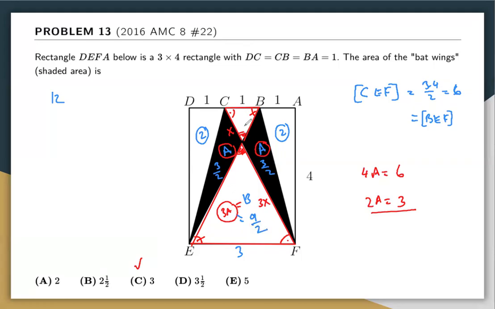And then since we know that the ratio was 1:3 for the bases, it's the same thing with this one. Whatever this is, it's going to be 1/3 of this segment. So if this region is 3/2, then this region will be 1/3 of this, which is going to be 1/2 for this region.